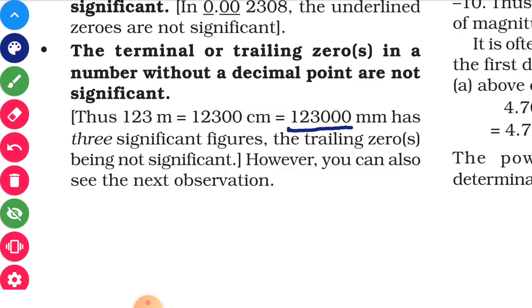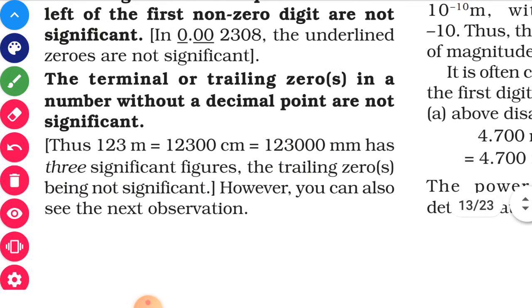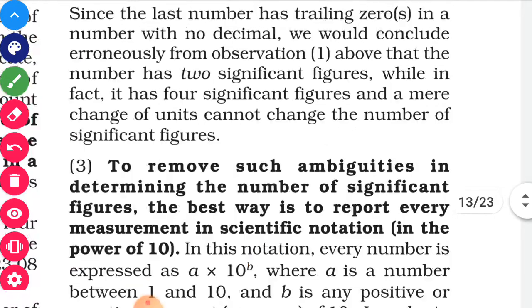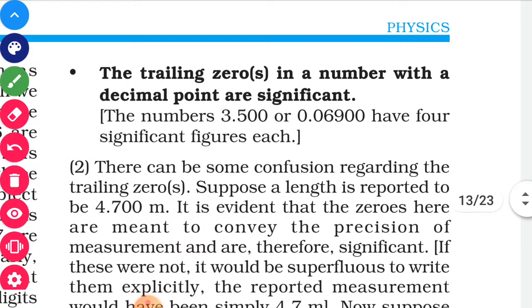Then these trailing zeros are not significant, provided that the number is without a decimal point. So there are 3 significant figures. These are the rules that you should keep in mind to determine how many significant numbers there are.